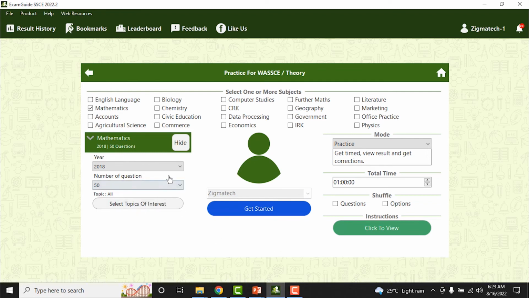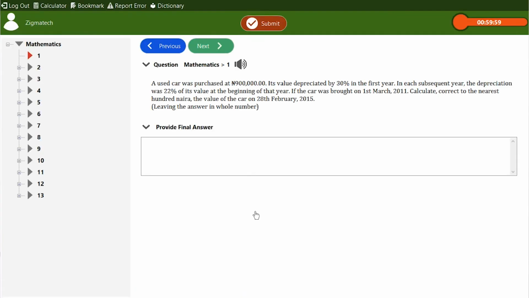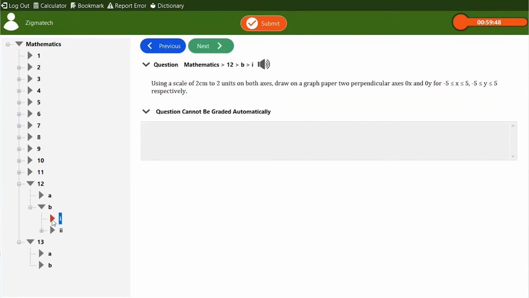That's 2018, question number 12. The question goes this way, reading on the slide.